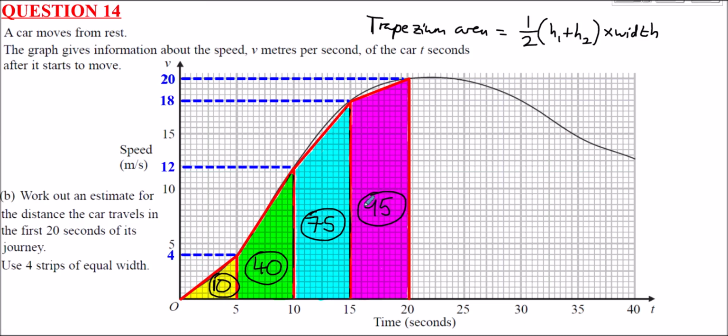So the total area, or an estimate of the total area for those first 20 seconds, is going to be these 4 values added together. So we've got 10 plus 40 plus 75 plus 95, and just use a calculator to work this out.